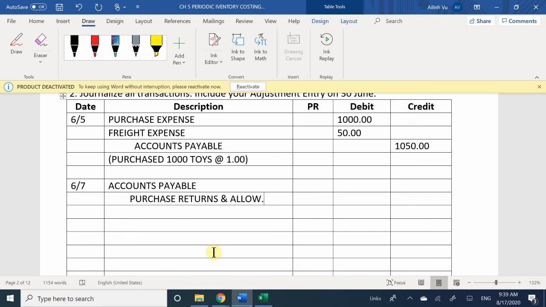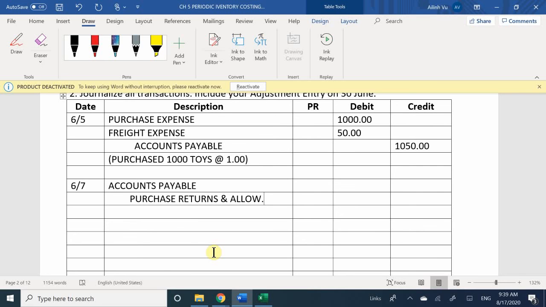So right now, if we reverse our purchase expense, it's going to make us confused and miscalculate. So instead of doing that, we created a contra account to keep track of what we've actually done.